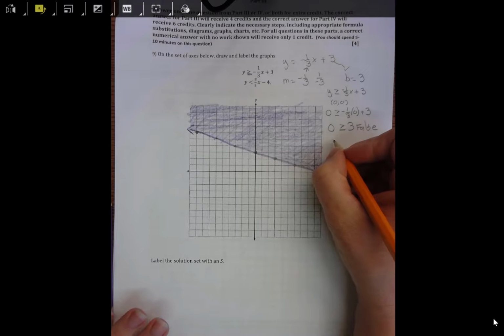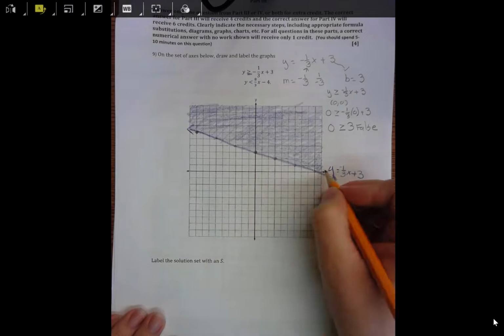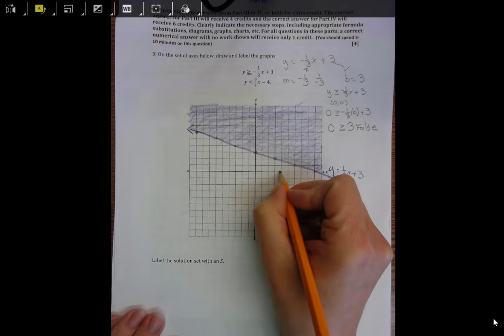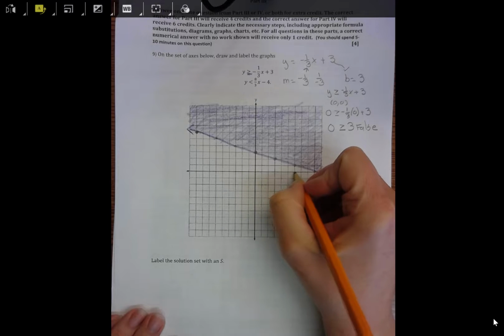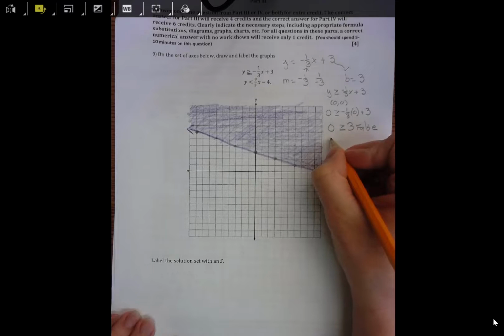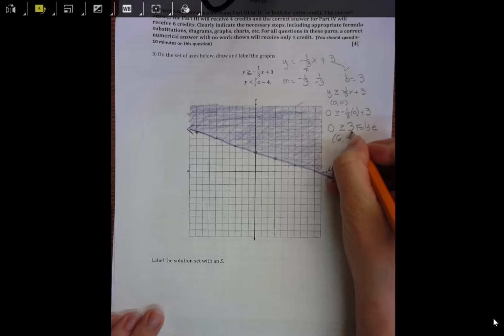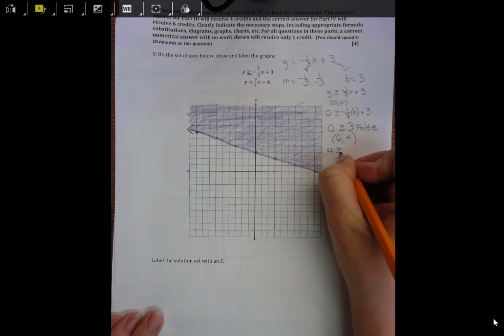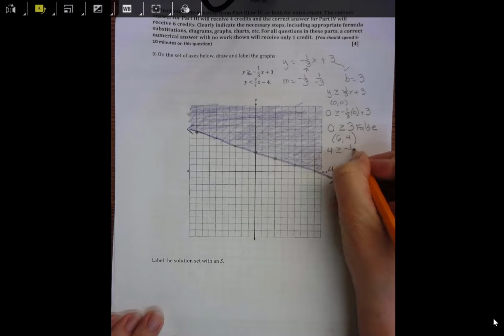I want to make sure that I shaded this correctly, so I'm going to test a point. Let's go 1, 2, 3, 4, 5, 6. I'm going to do the point 6, 4. So I'm going to test the point 6, 4 to make sure that it's a solution. So I want to see if 4 is greater than or equal to negative 1/3 times 6 plus 3.